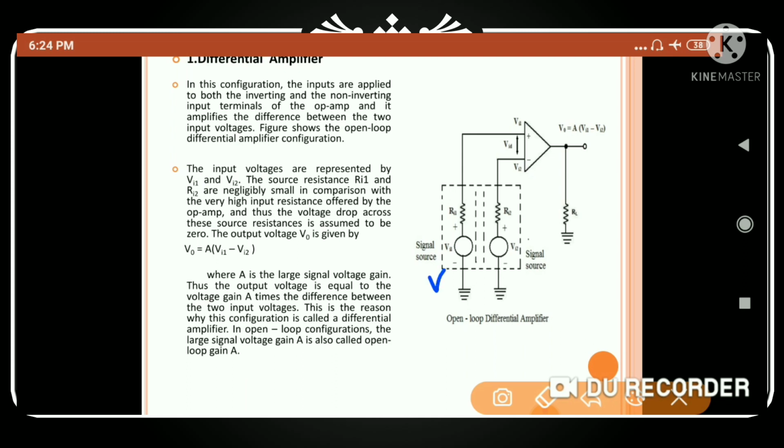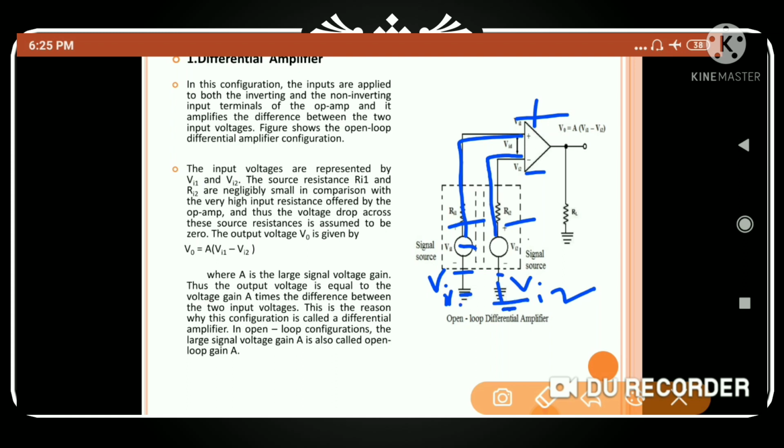See, this is VI1 and this is VI2, with RI1 and RI2. This positive is non-inverting, this negative is inverting. The signal is given to the non-inverting and this signal is given to the inverting, and both must be connected to the ground.